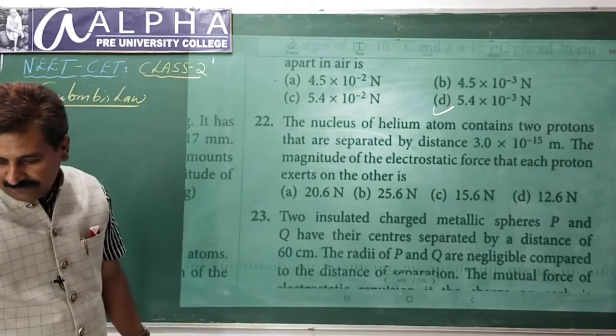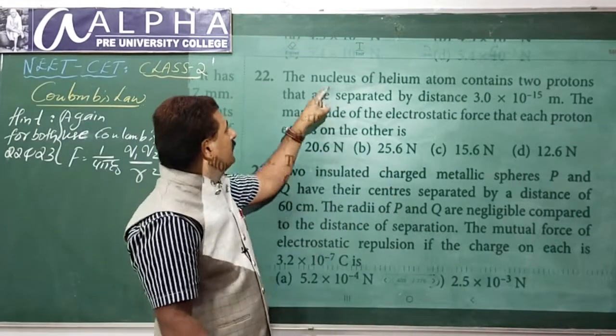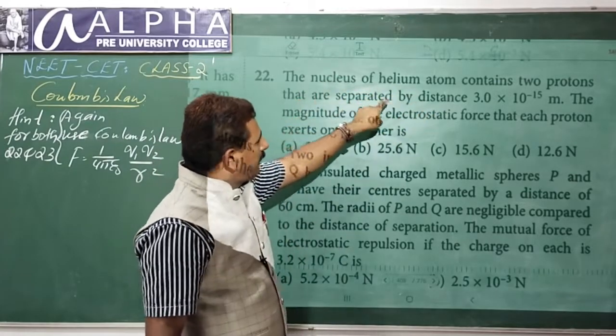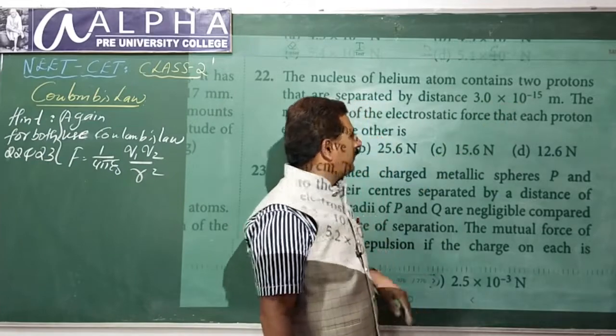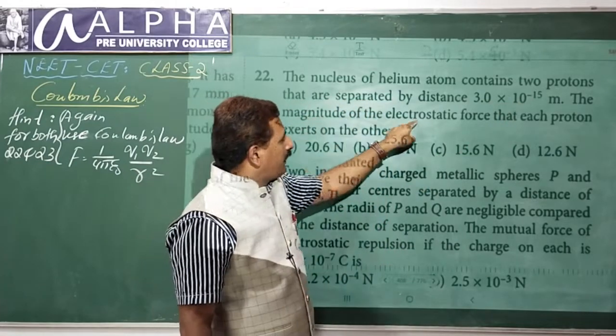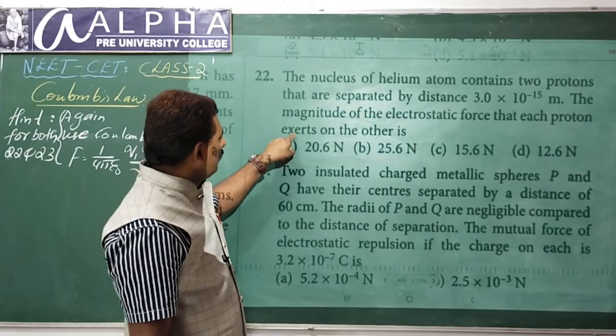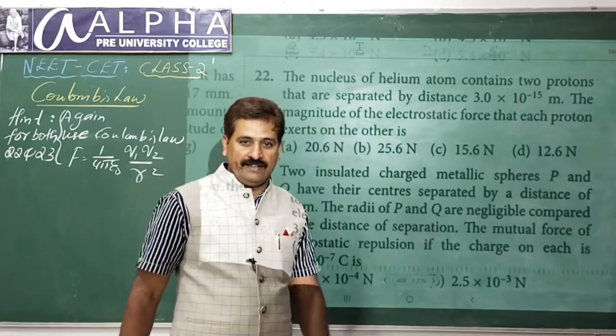Once again, students, the nucleus of helium atom contains two protons that are separated by a distance 3 10 power minus 15 meter. The magnitude of the electrostatic force that each proton exerts on the other is.